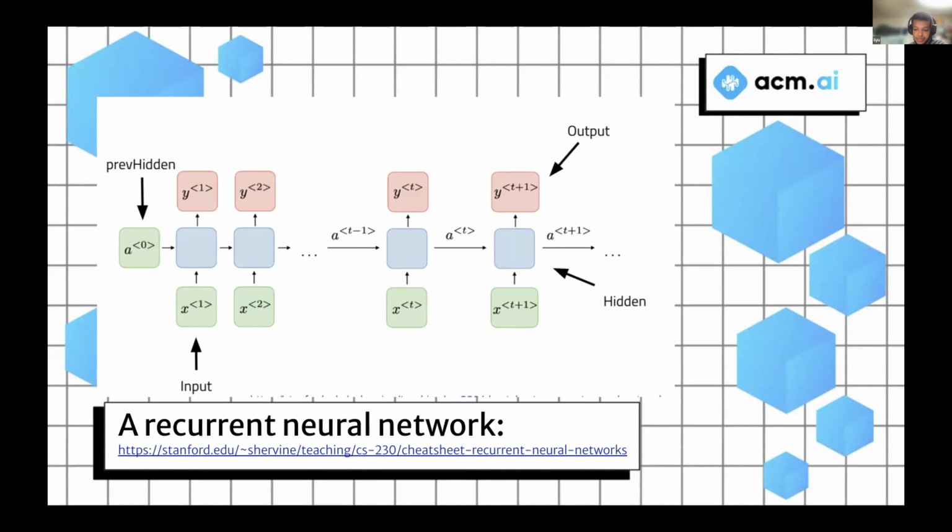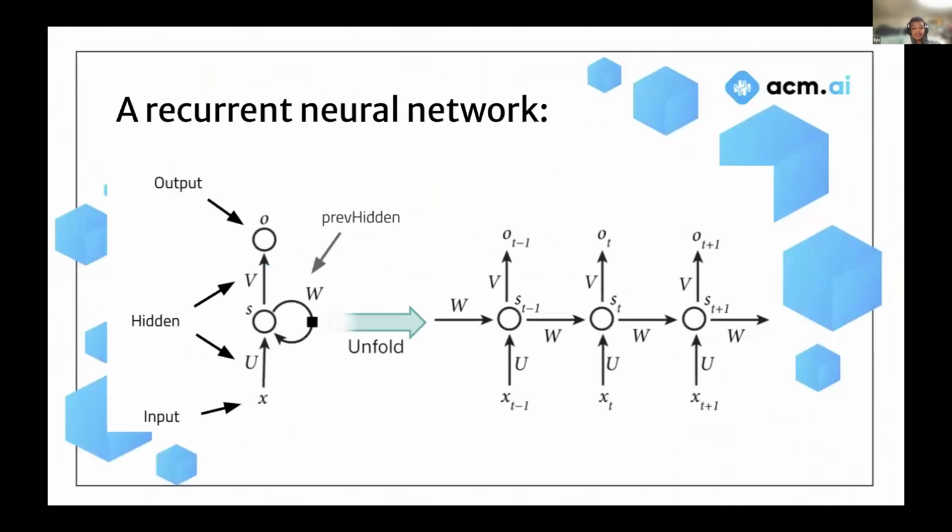If you've studied computer science, you know why we call it recurrent: we're looping back in time every step. It's like we're calling the neural network again and again with the previous hidden output that you had. That's where the recurrence aspect comes in.